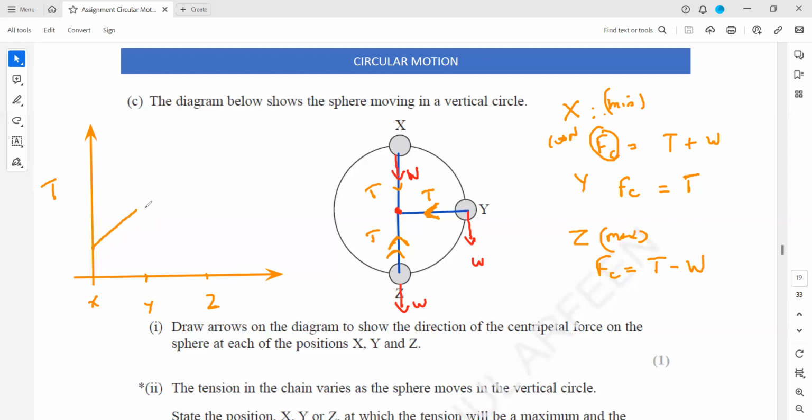At Y, it will increase, and at Z, it will be maximum. And then again, if there's another point, like A, it will be smaller. So this is X, Y, Z, and A. So the tension we apply when an object moves in a circular path changes throughout the motion.